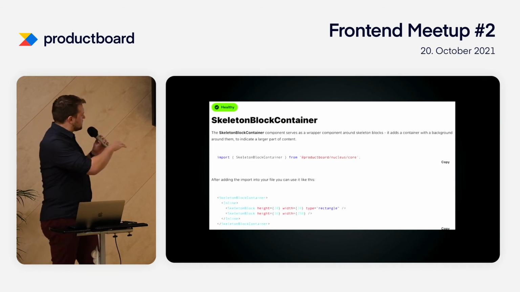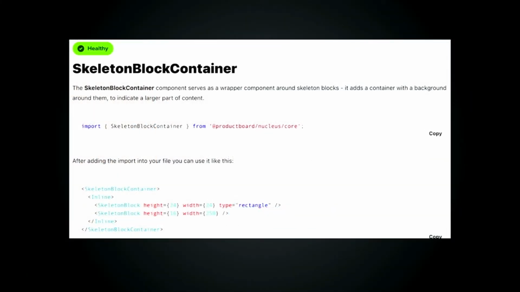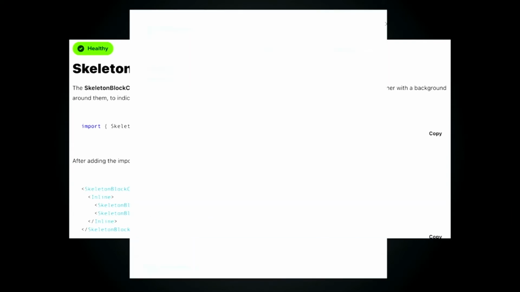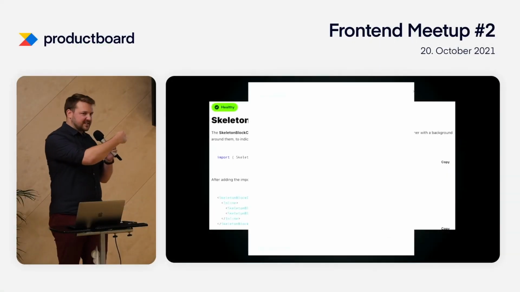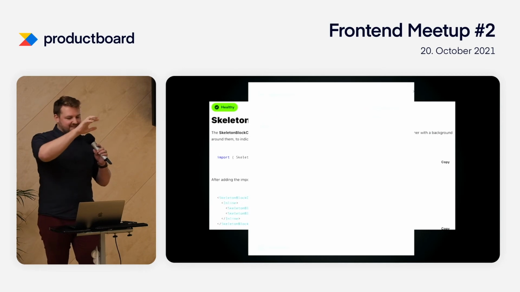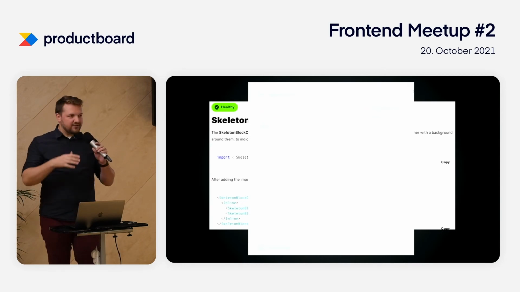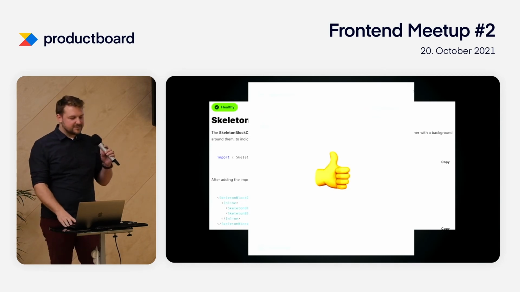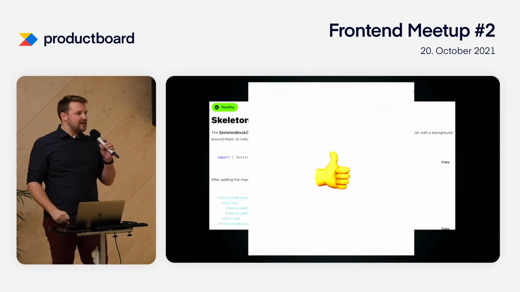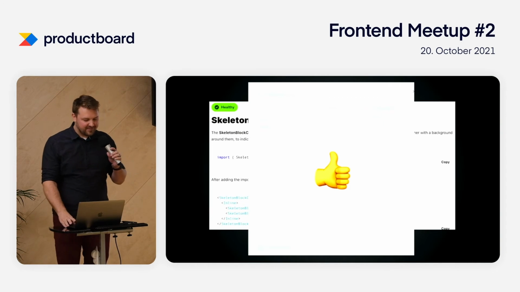I doubt you can see it from far, but you can just pass it various props. Thanks to this, you can build, okay, this is almost invisible, but trust me, there is a skeleton, and you can build the UI skeleton really easily. It's a really great thing to have, and huge kudos to our design system team.